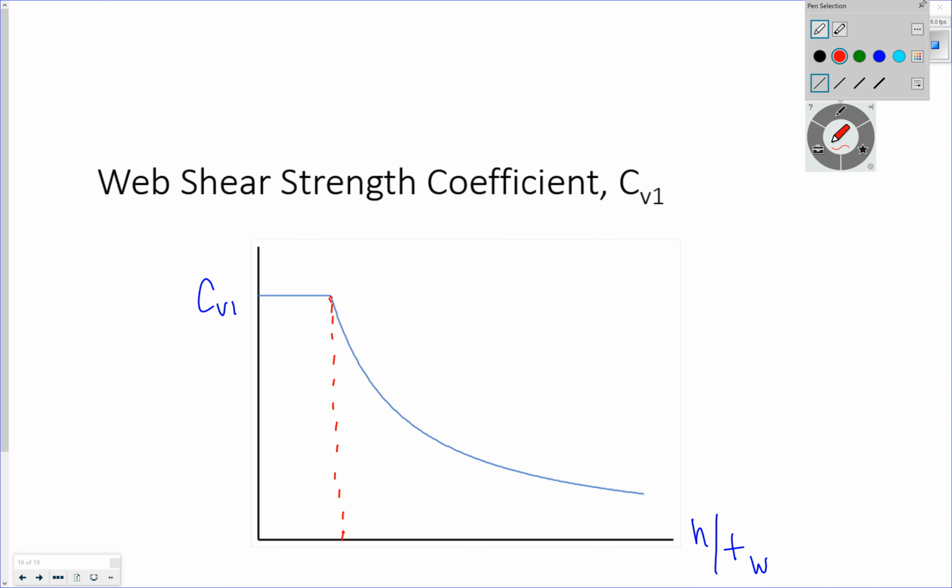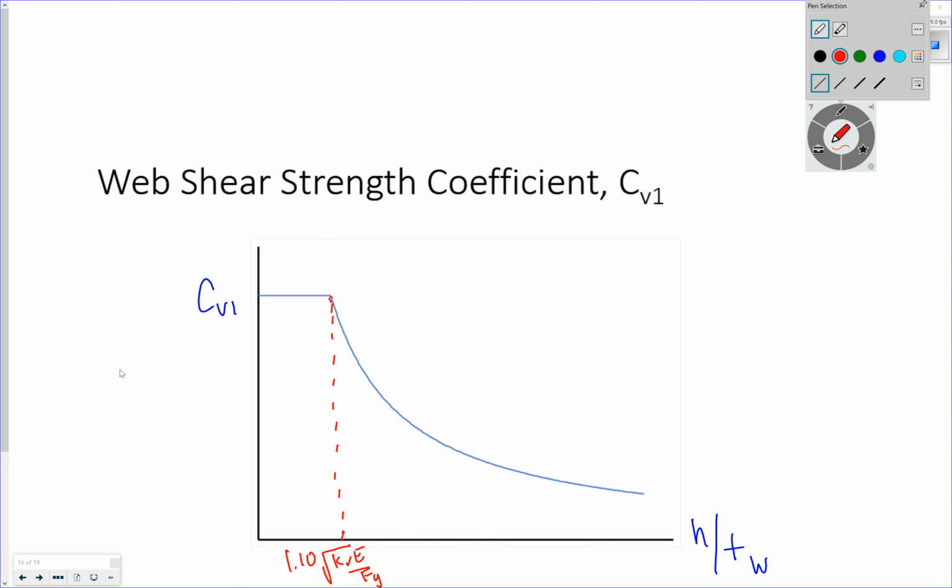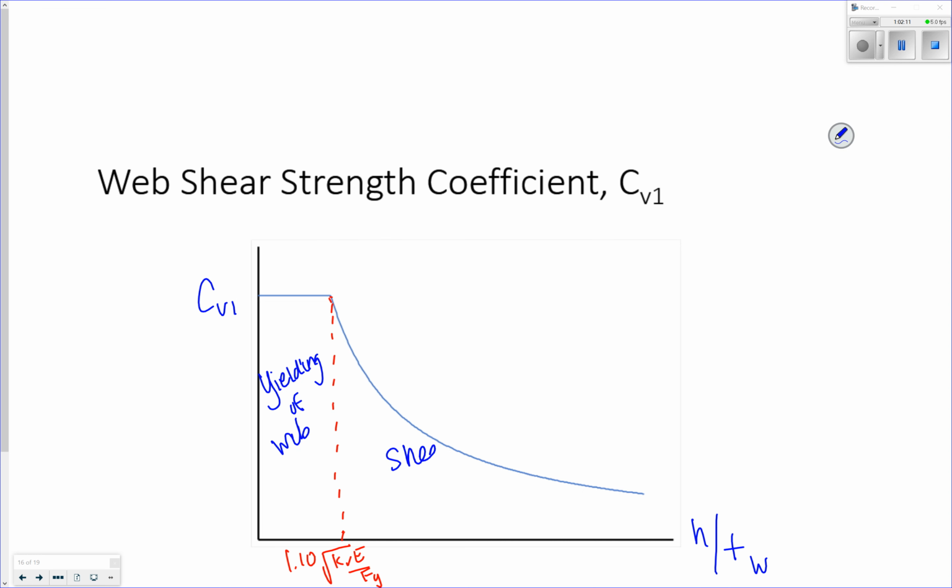That is my 1.1 square root of KV E over FY, which is my slenderness ratio between yielding of my web and the presence of shear buckling.